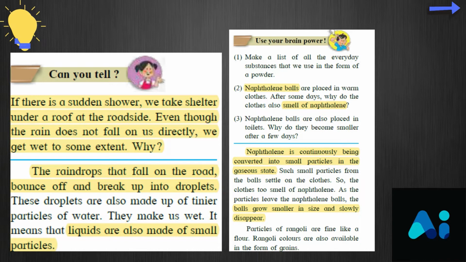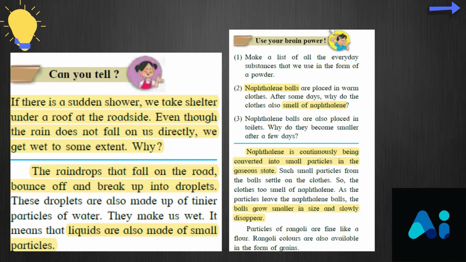Now let's take a look at why do we smell naphthalene when it's packed in clothes, or if it's placed in toilets, why do naphthalene balls simply disappear?